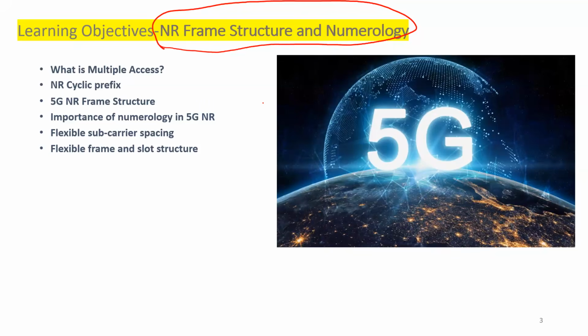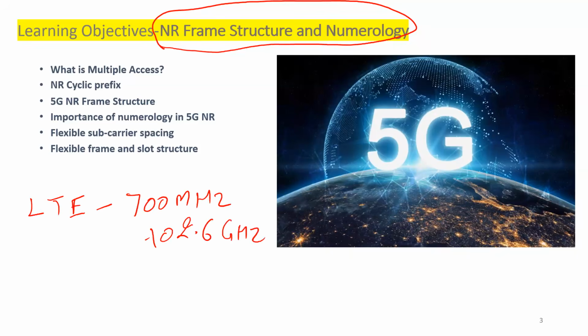There are many features in 5G, but I feel flexible sub-carrier spacing is the most important feature in case of 5G. In LTE, the majority of networks operate in the frequency range between 700 megahertz and 2.6 gigahertz.